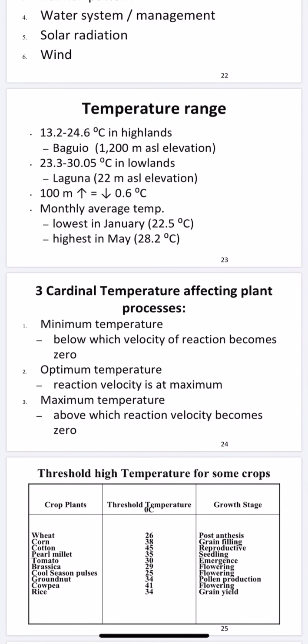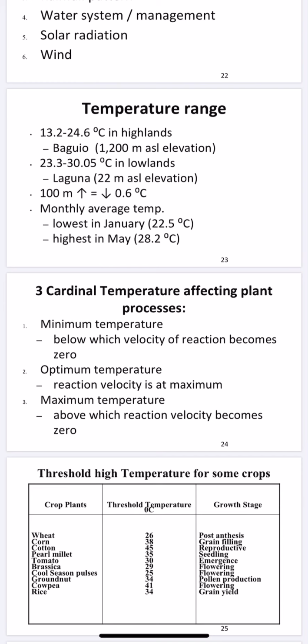And the temperature range from 23 to 30 degrees Celsius is in lowlands like Laguna, with an elevation of 22 meters above sea level.